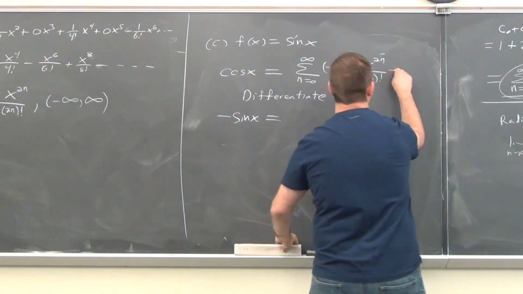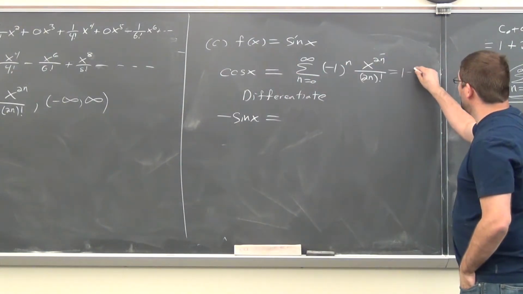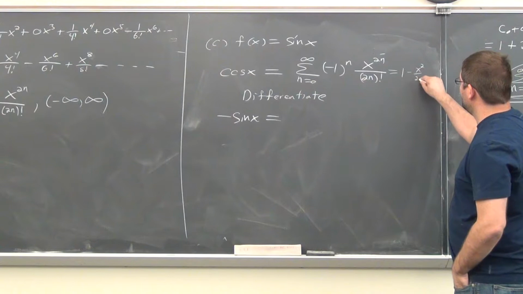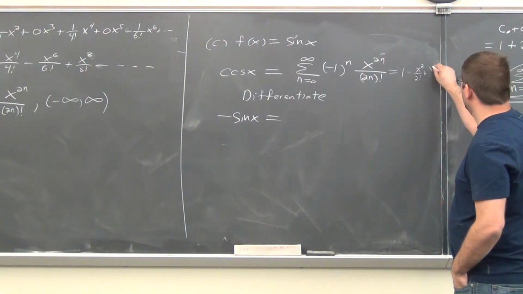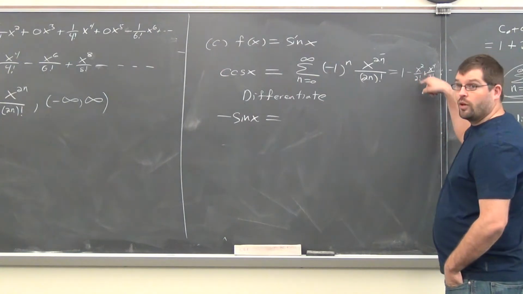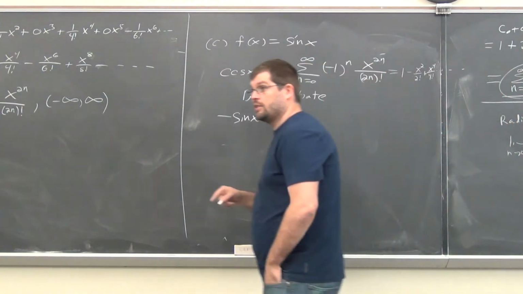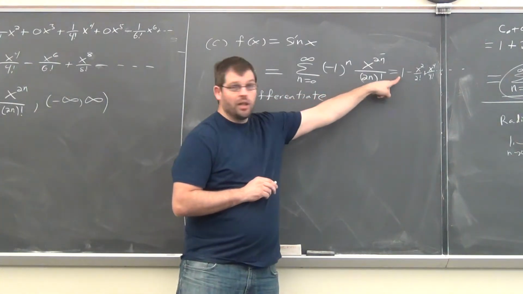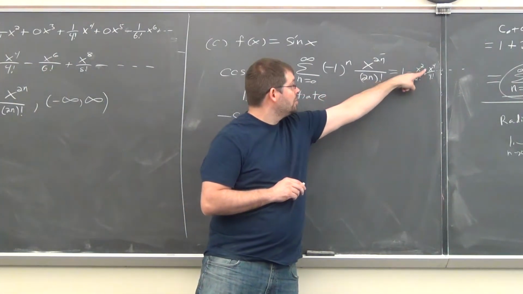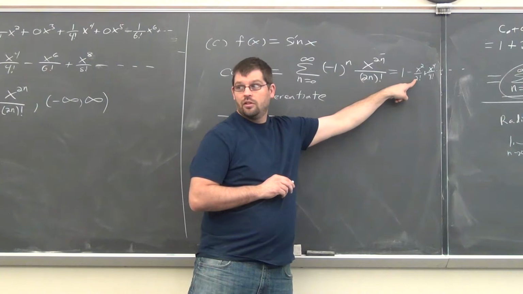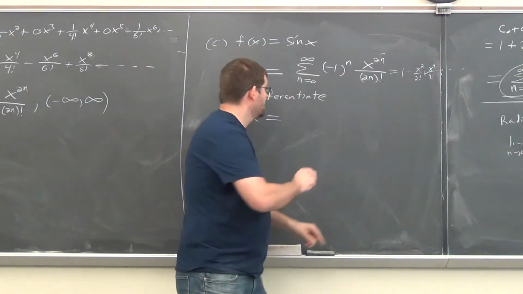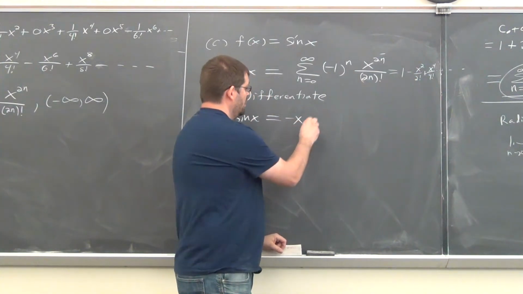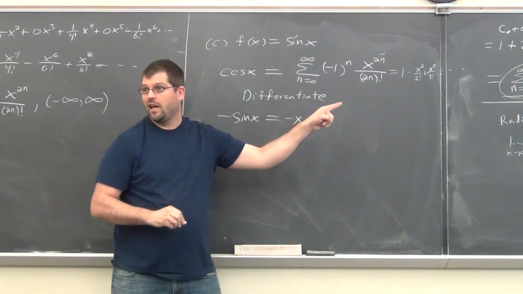This is fine, but let's also think of this as 1 minus x squared over 2 factorial plus x to the 4th over 4 factorial, and so on. Let's do the derivative with this form, just so we see what's happening. So you take the derivative of that other form, right? The derivative of 1 is 0. The 2 falls down, and so you just get minus x plus the 4 falls down, and you get what?